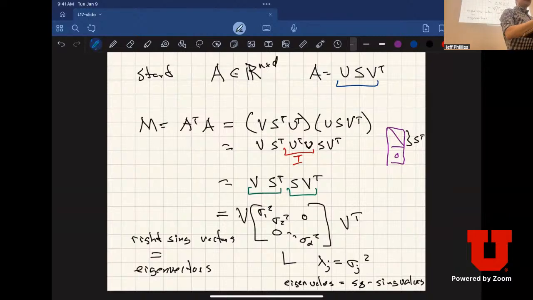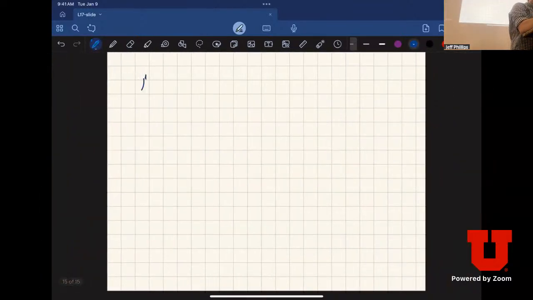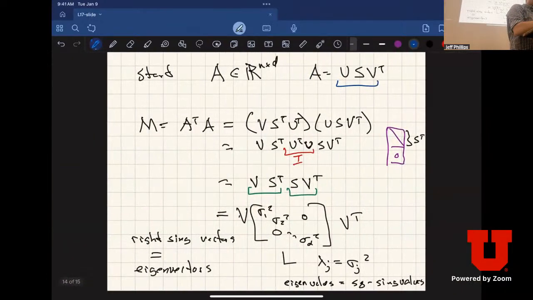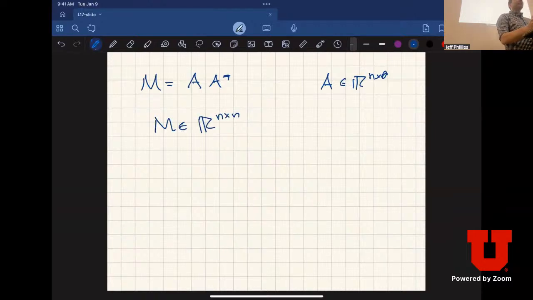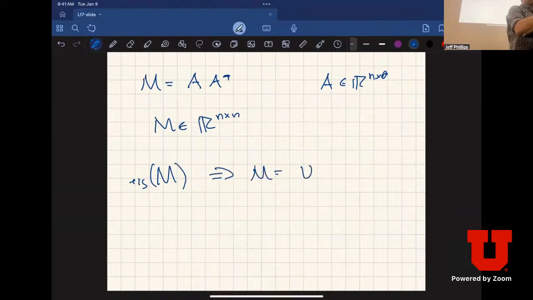Let me say one more thing about it before you go. I might write A A transpose instead of A transpose A, where again, A is in R n by D. Now, I'm going to have that M is in R n by N. Okay, I can still write the eigendecomposition of M. M now is going to be U L U transpose.